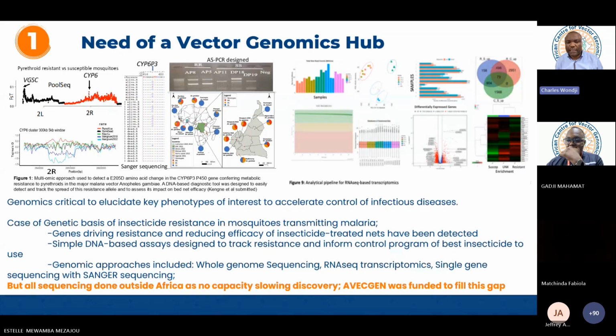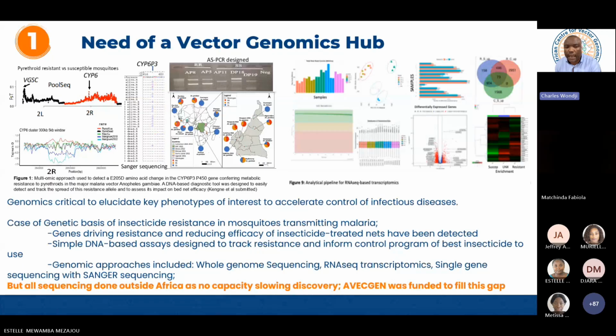We were able to detect a striking amino acid change, a nucleotide substitution that led to an amino acid change, and we linked it to the phenotype. We designed a DNA-based assay that was really powerful to tell whether mosquitoes can survive or die when exposed to bed nets. And we tracked the spread of that mutation across Cameroon.